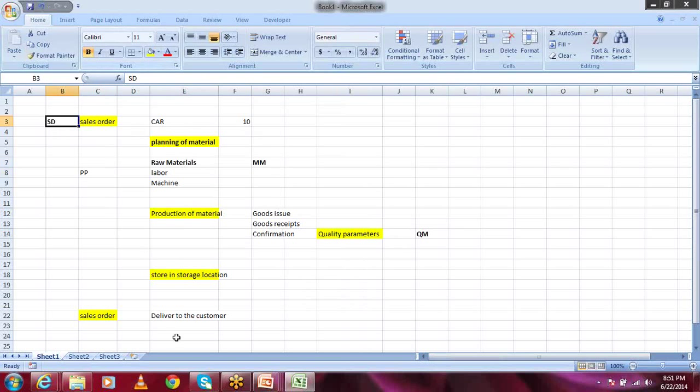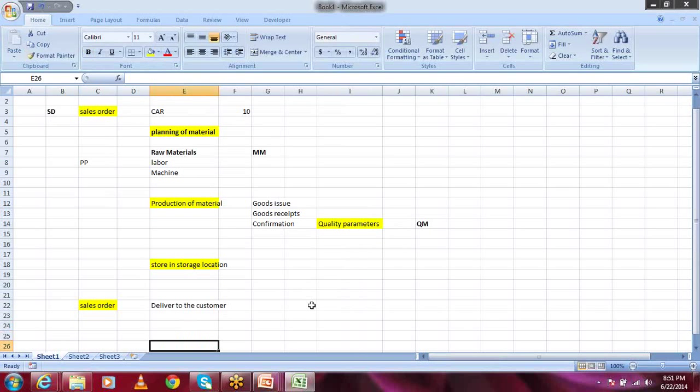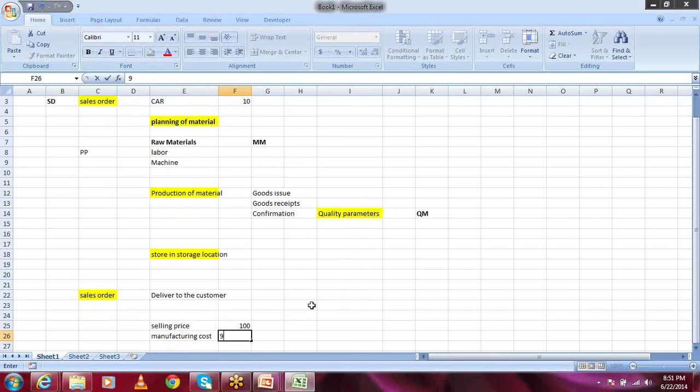Next, once you manufacture the product, you will sell the product. So what is the selling price? It may be $100. What is the manufacturing cost? Manufacturing may be $90.